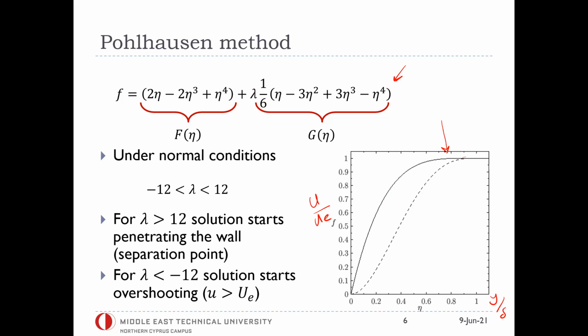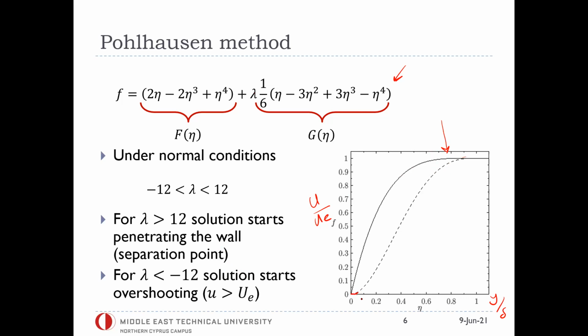If lambda is greater than 12, as it's written here, the solution starts penetrating the wall. Penetrating the wall means at the wall, we end up with a zero gradient. So du/dy becomes zero at the wall, which, if you remember from our previous discussion last week, indicates the starting point of flow separation.